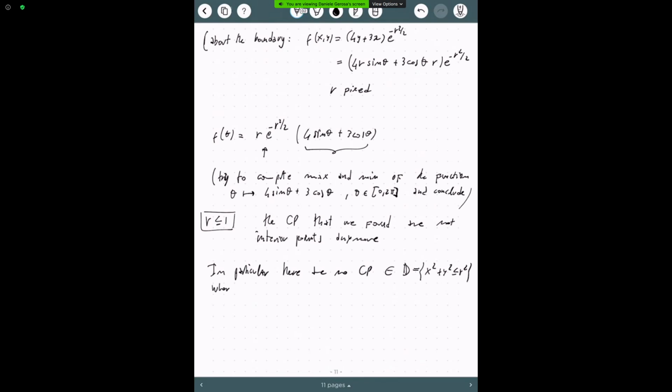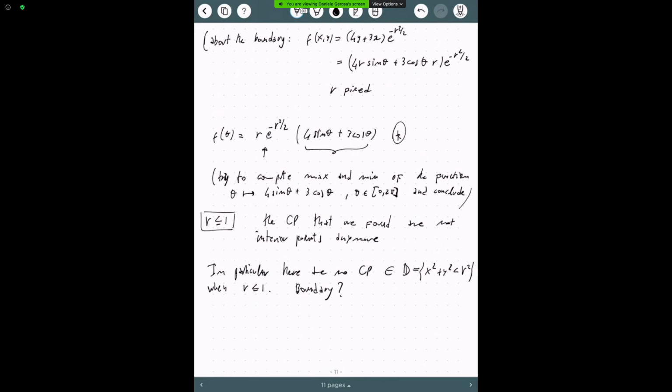when, let me write, when r is less or equal than 1. What about the boundary? Well, we are again in the same situation as before.